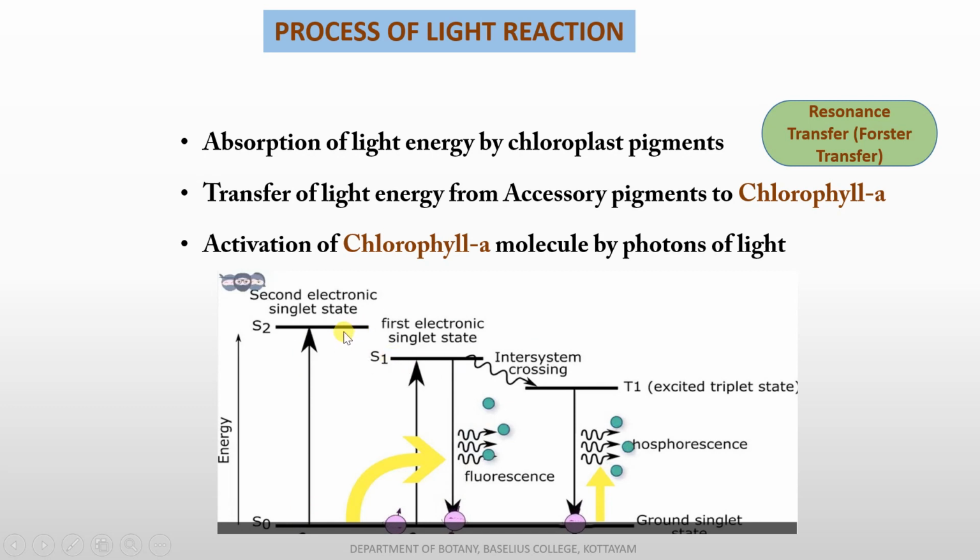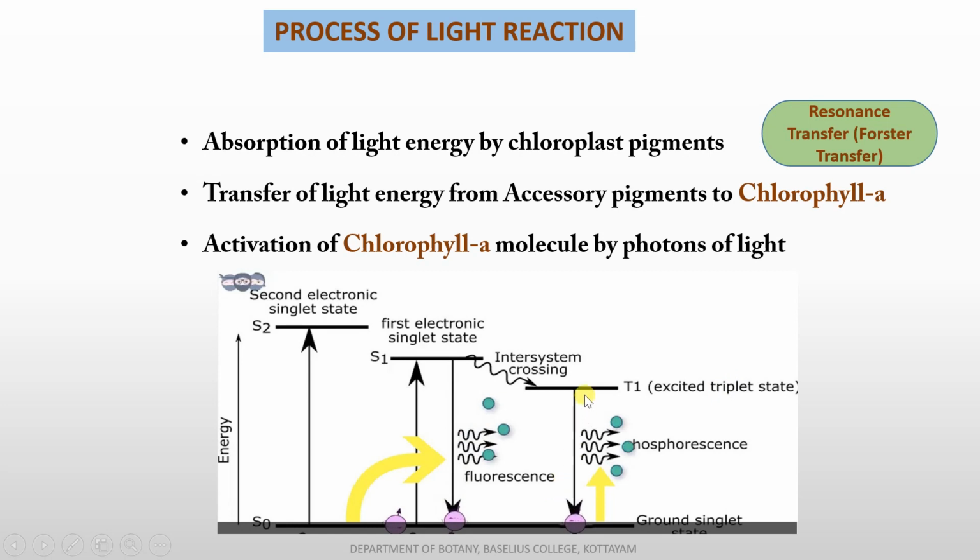After passing through the unstable second singlet state and first singlet state, it reaches the excited triplet state, T1, or metastable triplet state. So this is quite unstable. From this state, chlorophyll A releases the extra energy carrying electron towards a photochemical reaction.